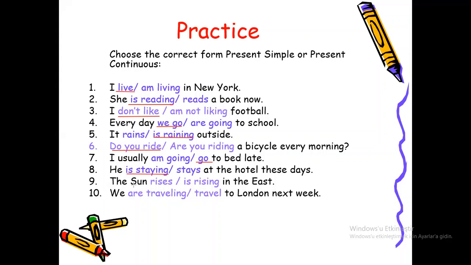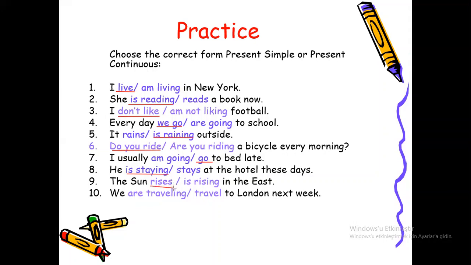And 9, the sun rises in the east. The sun is rising in the east. Remember the explanations. This is a general truth about the earth. This is correct in every time, so we need to use present simple.